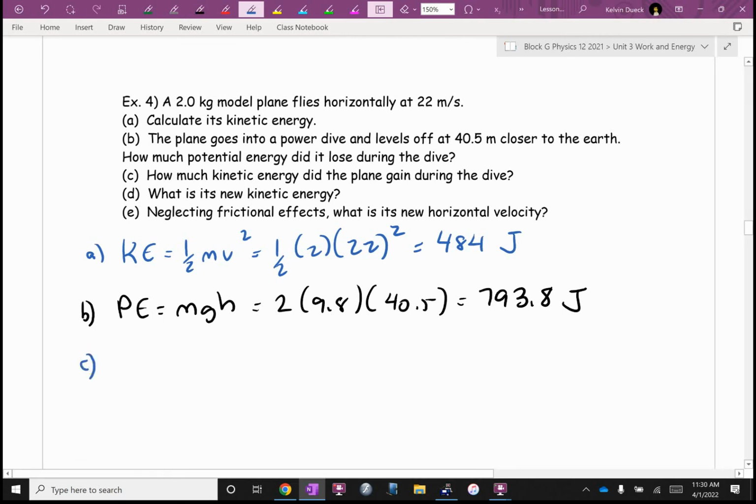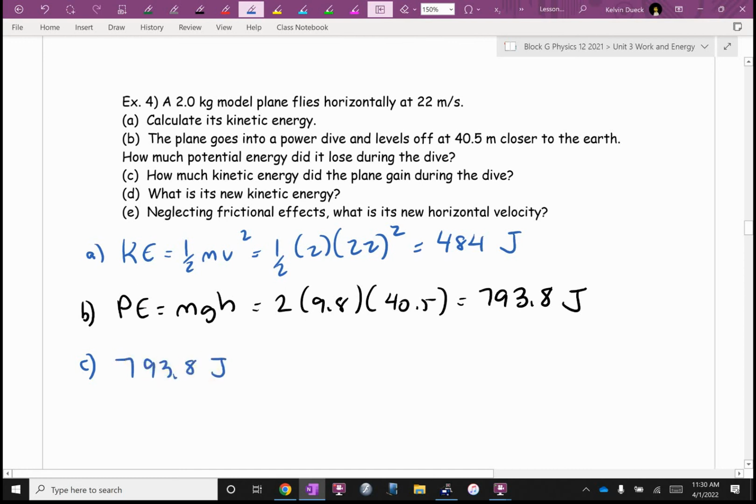Xavier, how much kinetic energy did it gain during the dive? 793.8 minus 484. We lost potential. Where did that potential have to go? So we just gained 793.8 joules.